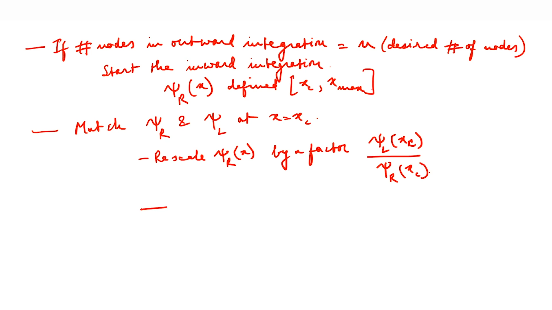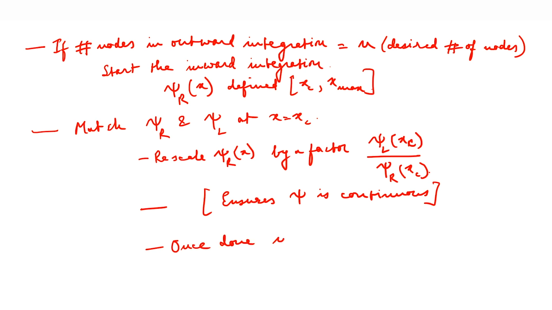Once that is done, it ensures psi is continuous. Then we need to normalize it, that is the integral of mod psi of x squared dx over the whole range of x should be equal to 1. So this is the matching of the wave function.